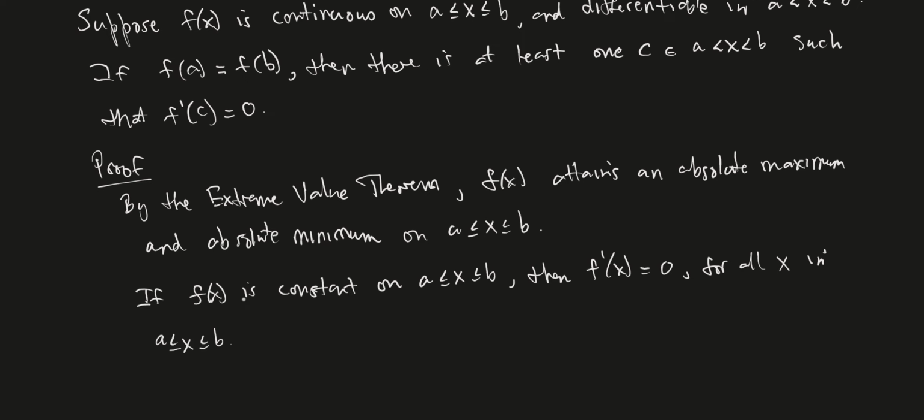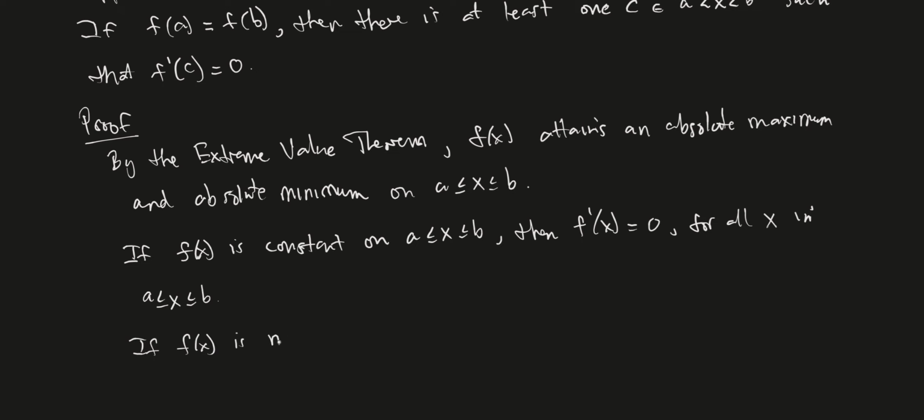Well, what if the function is not constant? If f of x is not constant, but we know that f of a is equal to f of b, then the endpoints cannot be the location of the absolute min or max, because the function is not constant, so your max and min can't be the same.